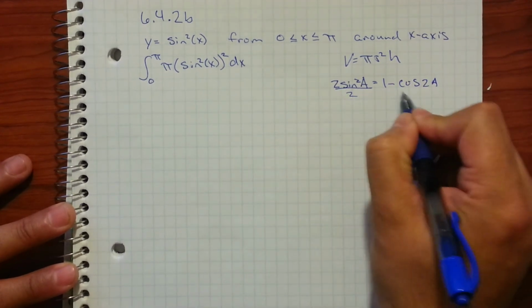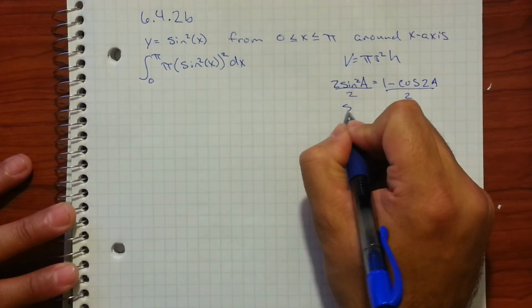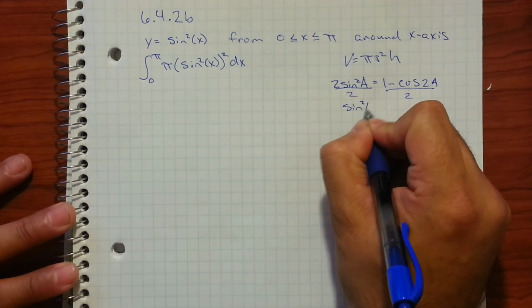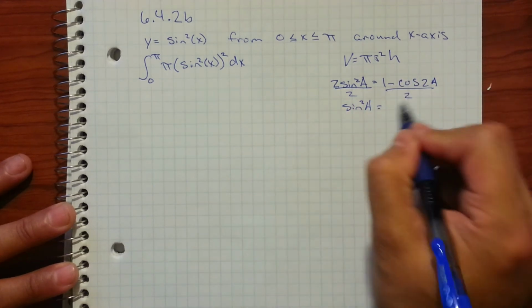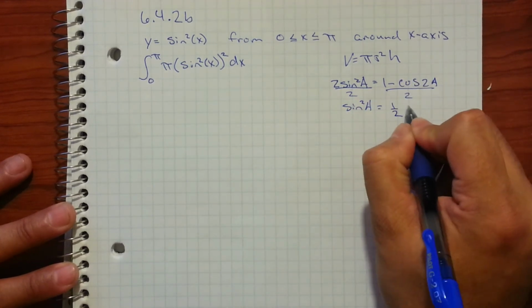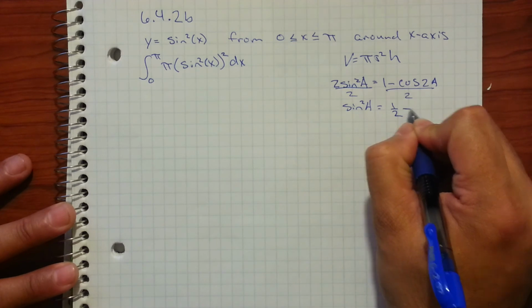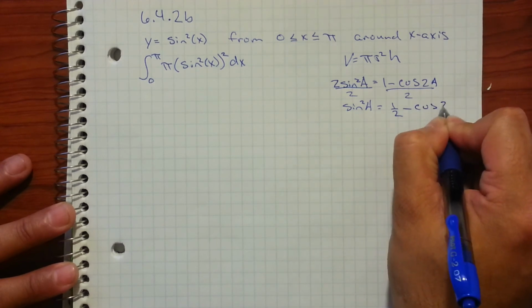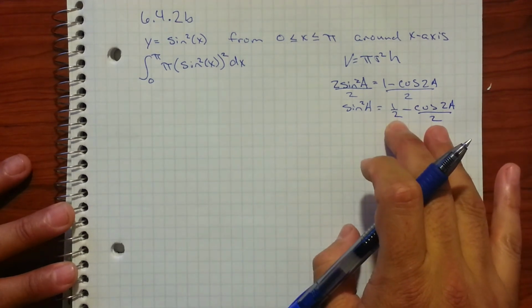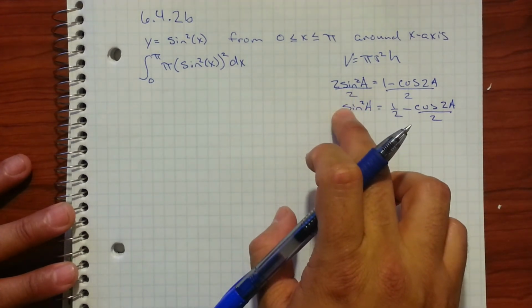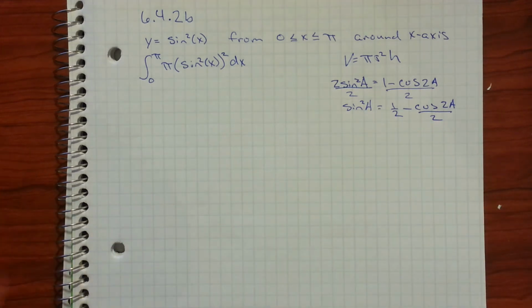So again, divide by 2. Now I should get sine squared a is equal to 1/2 minus cosine of 2a over 2. So this is one I can take the integral of. I can't do sine squared. So I'm going to substitute this.